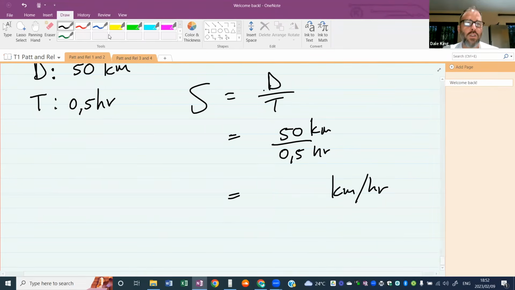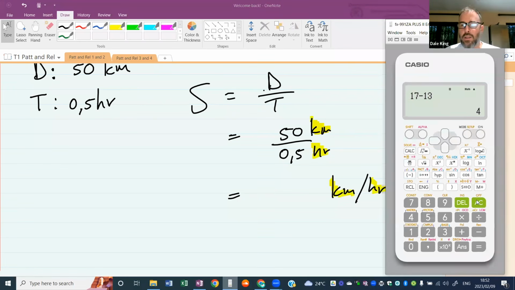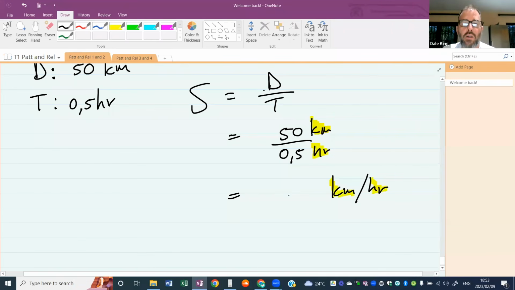So according to the units we've used, if we put in kilometers and hours, we're going to get kilometers and hours out of our formula. And then we just say 50 divided by half. I'm going to let the calculator work for me. Yeah. So 50 divided by half. 100 kilometers per hour.